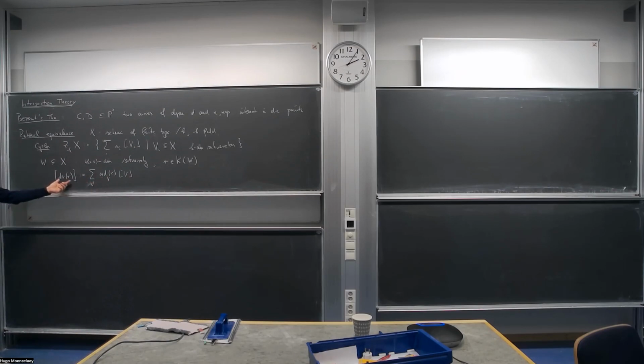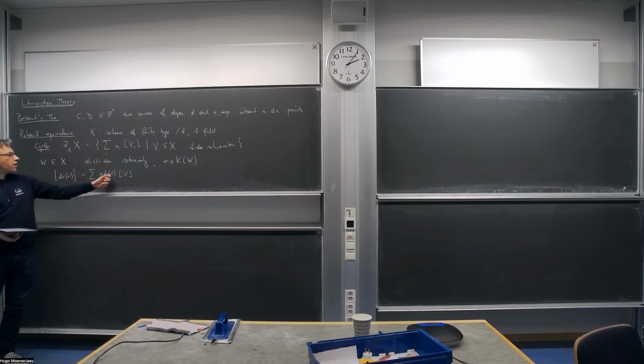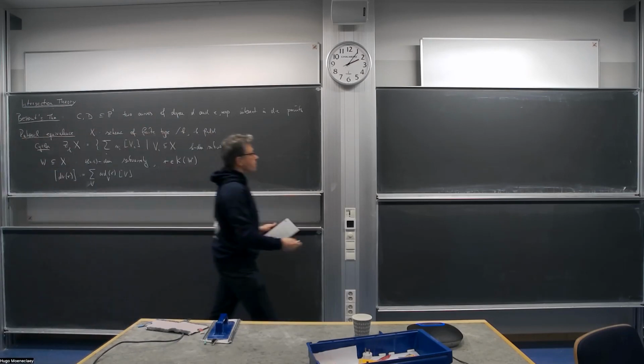This is something like the zeros minus the poles. Where R is invertible at the generic point of a variety, this is just 0, so this only counts the varieties where R is actually non-zero. And that should define this.